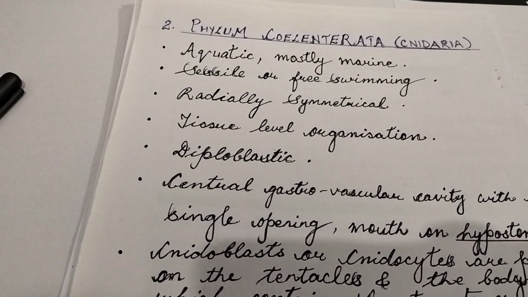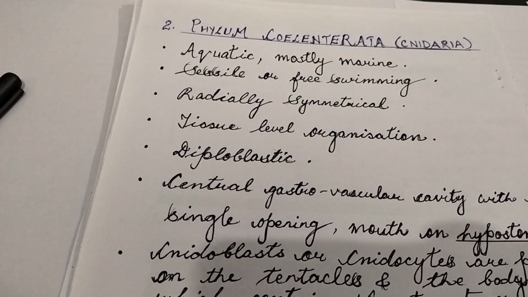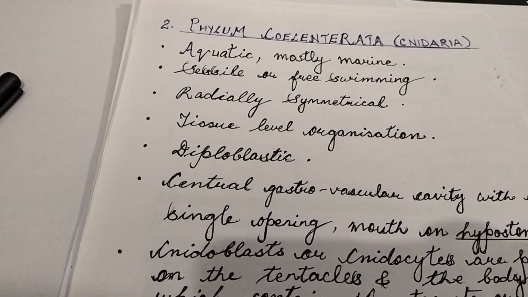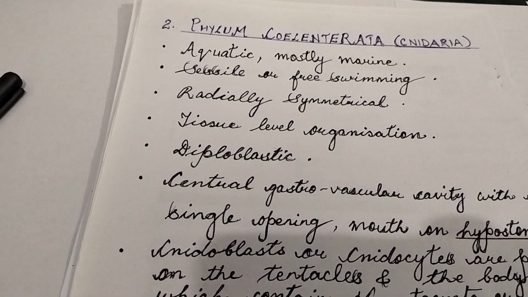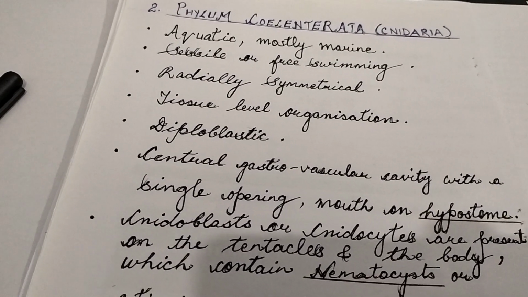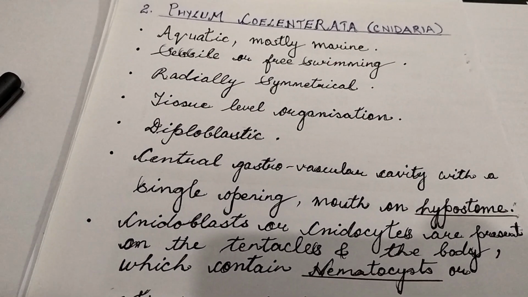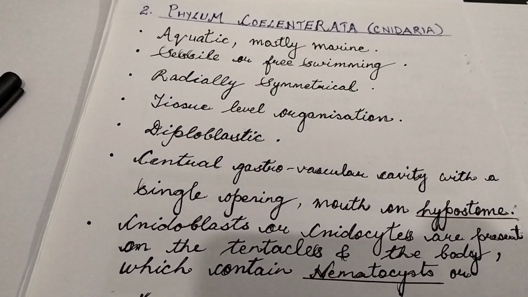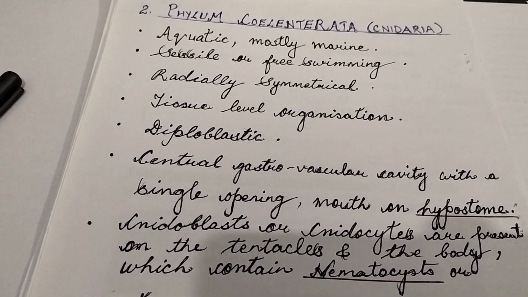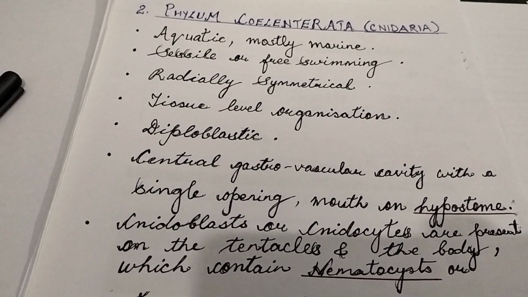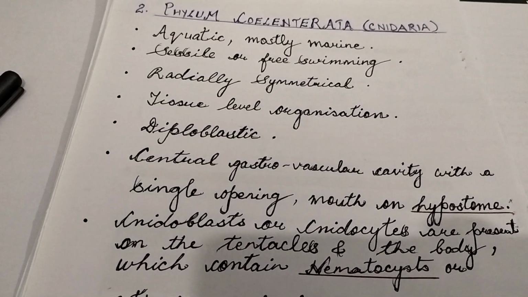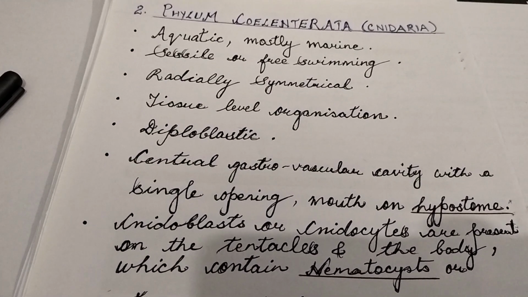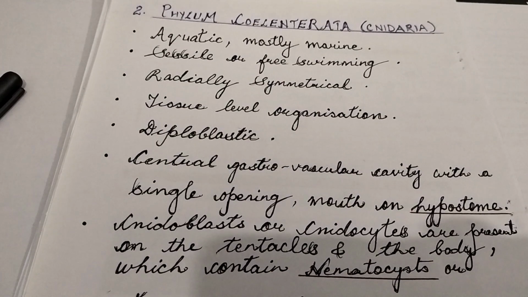Now in coelenterates there is a gastrovascular cavity located centrally, and it has a single opening called the mouth. That is present on the apical part of the body, known as the hypostome. The hypostome is present on the apical part and shows the opening called the mouth.